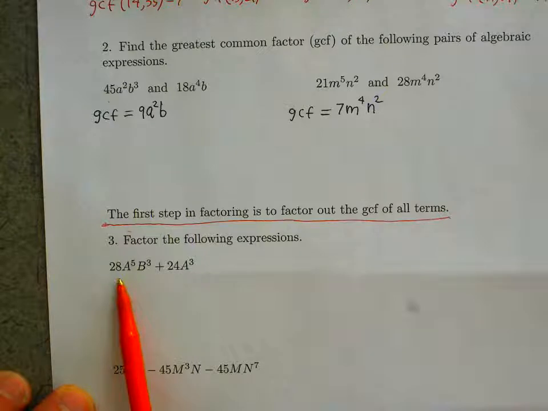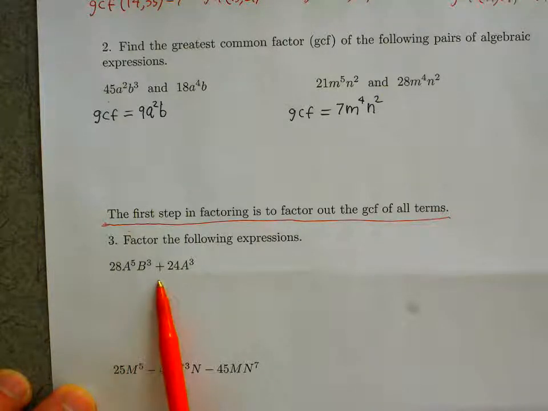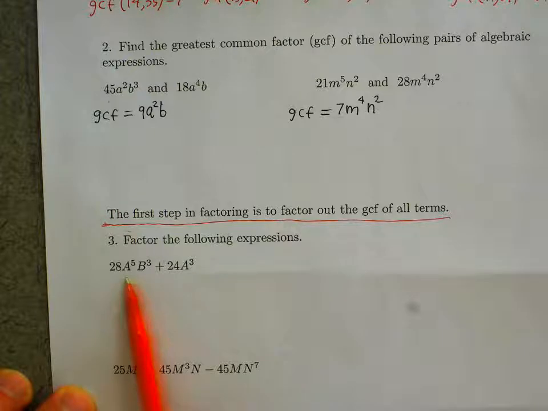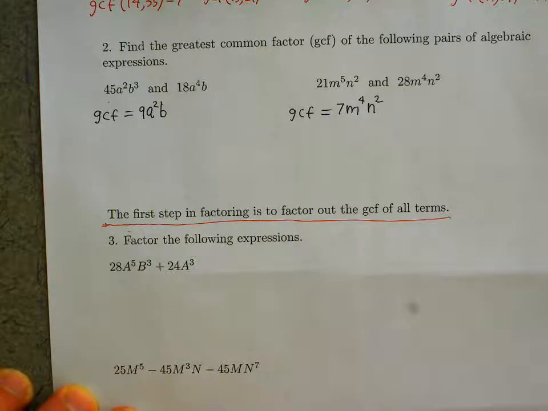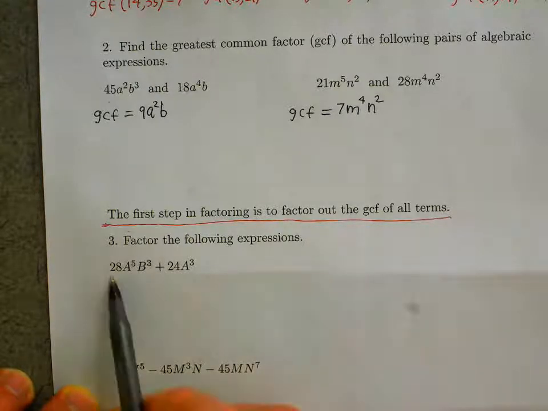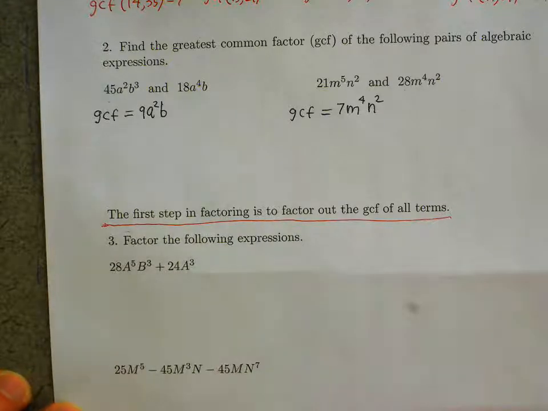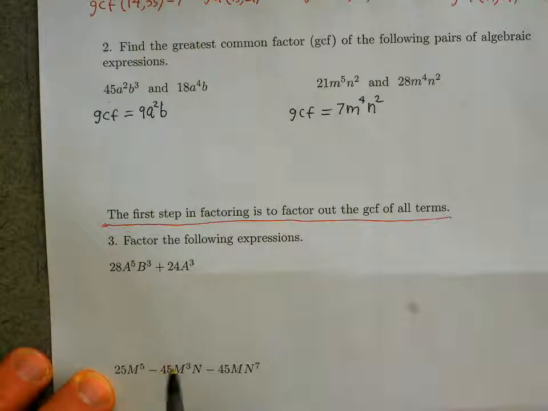So we have this expression, 28a^5b^3 plus 24a^3. We first want to identify the greatest common factor of both terms. So we do what we did above. Compare 28 and 24. The greatest common factor of 28 and 24 is 4.